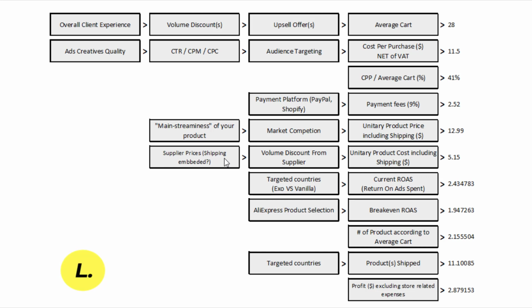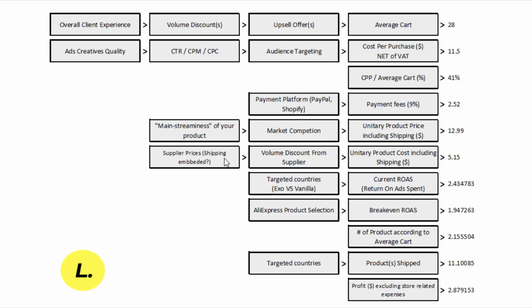You need to leverage every single factor you have at hand. For example, if you know you have clients who tend to buy 5, 6, 8, 10 of the same product, then you have to get the best price. So you want prices on AliExpress that split the cost of the product and the cost of the shipping.